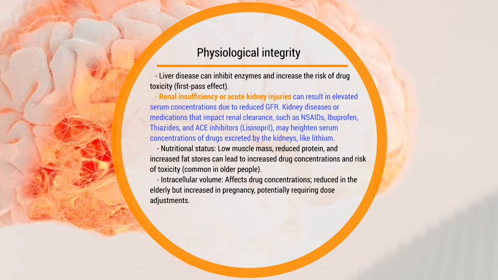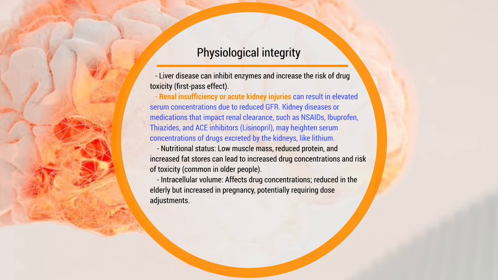So, as we move on in this module, it's important to discuss the physiological integrity of the patients, right? The body organs, starting with the liver, how the liver can inhibit enzymes and increase the risk of drug toxicity through the first pass.